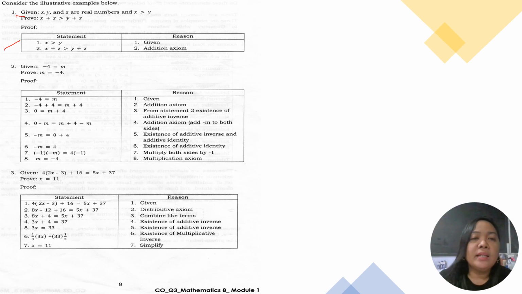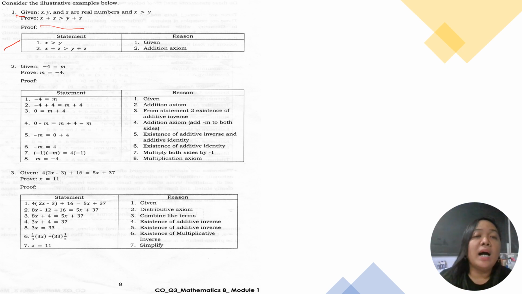Then we shall make statement number 2. Can we directly make a conclusion? Remember, we need to prove that x plus z is greater than y plus z. Can we directly go to the conclusion? Yes, because we have the addition axiom as our valid reason. What does the addition axiom say?